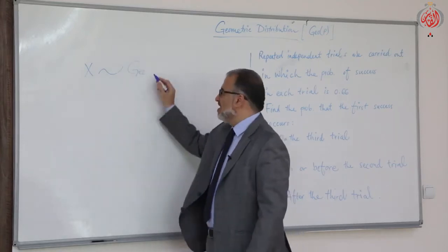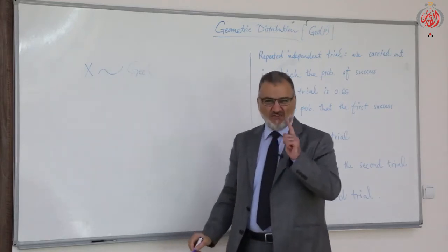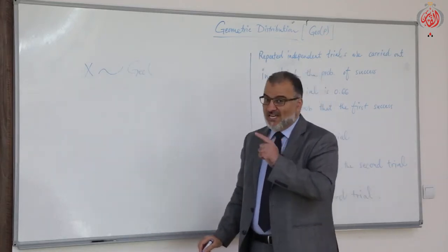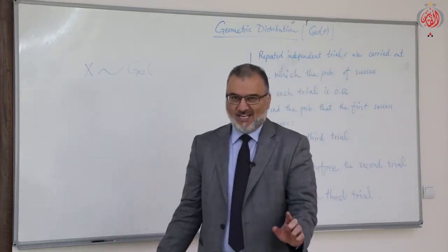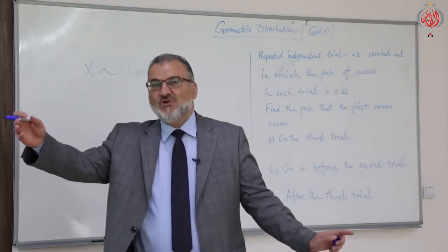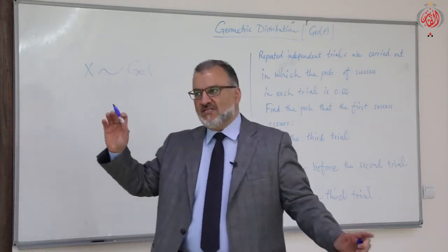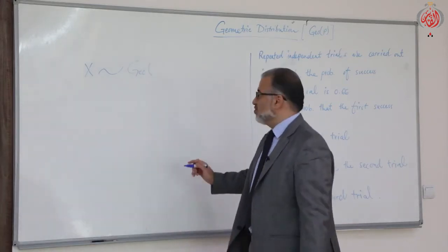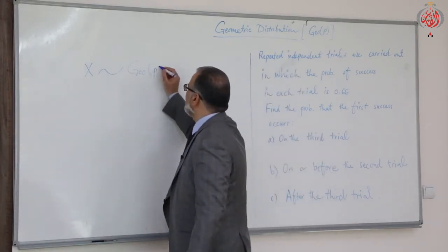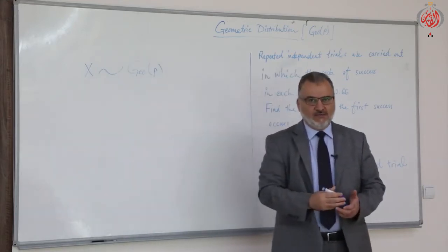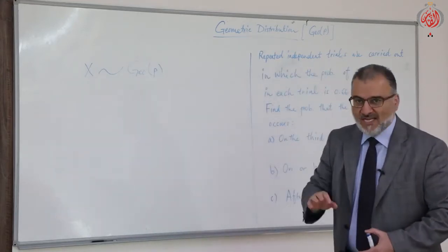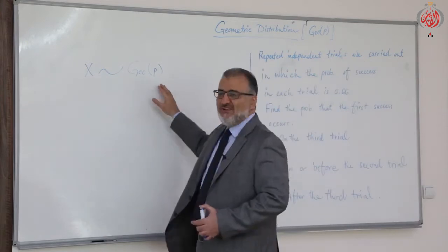How many parameters are there for geometric? Look here, n is not a parameter, as we said, because it might be infinite. So what's the parameter? Only p, the probability of success. So it is very simple.